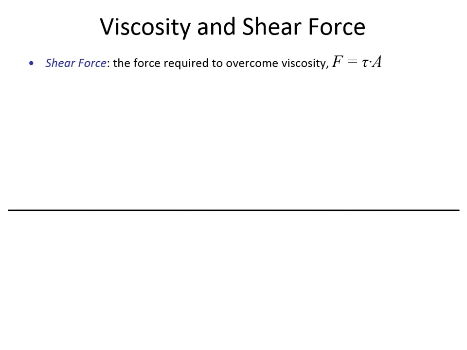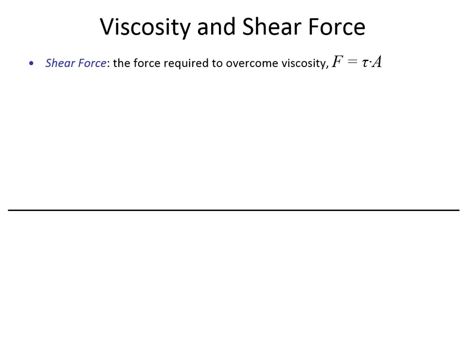Now, we apply viscosity concepts in order to find the shear force required to overcome viscosity. So remember that shear stress has units of newtons per meter squared. And so if you multiply a shear stress by an area, as is indicated on the board there, then you'll just get units of force, newtons.